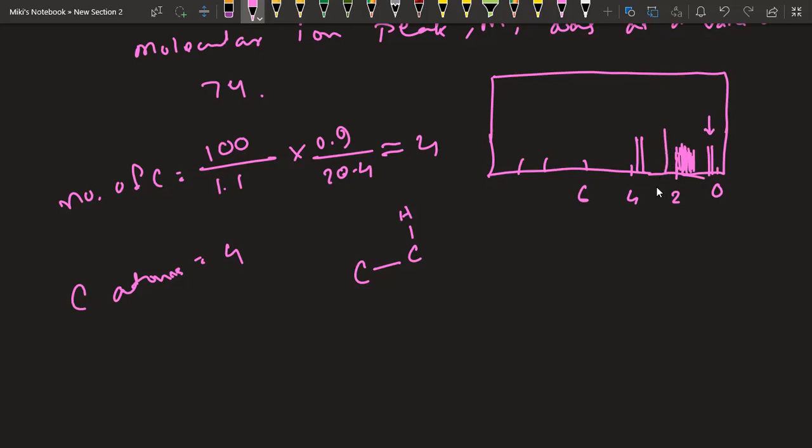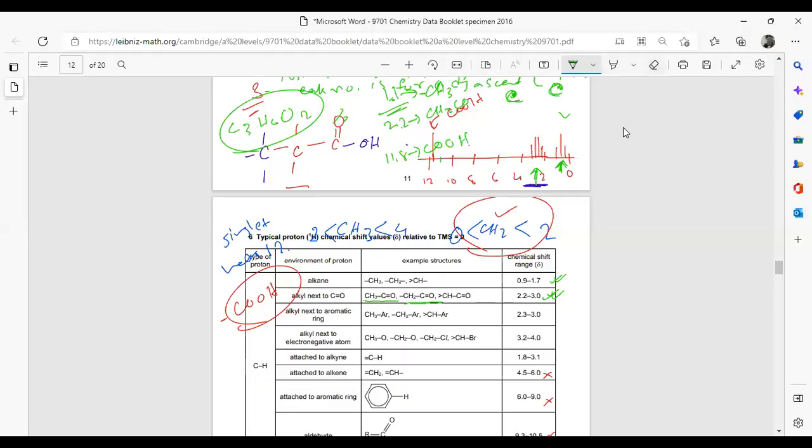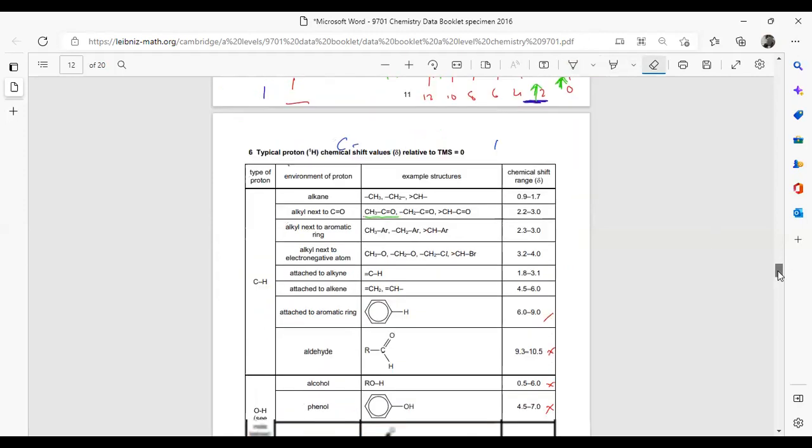This is a singlet. That means it should be a special functional group. Now, let's observe this data booklet. Sorry for the mess. Over here, what special group could be here?